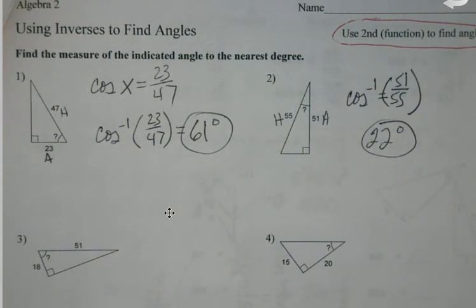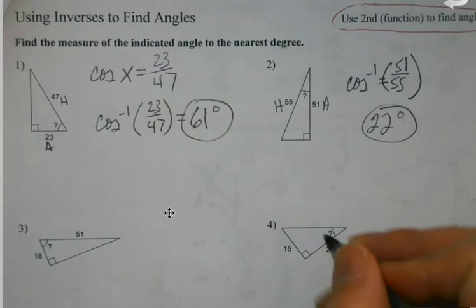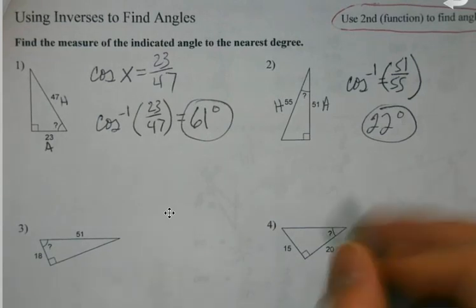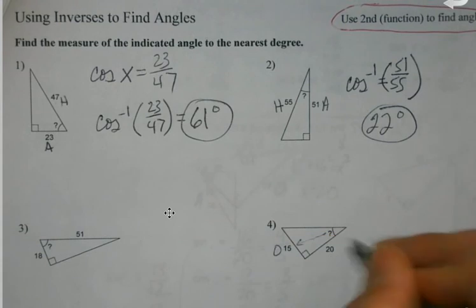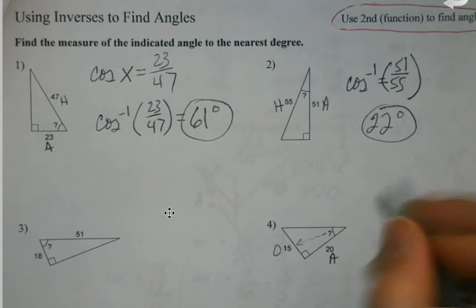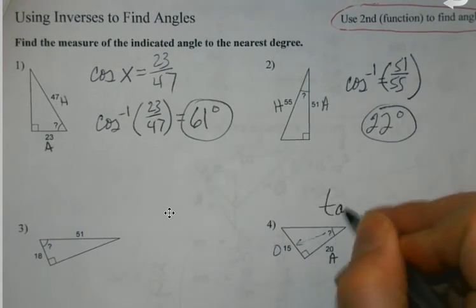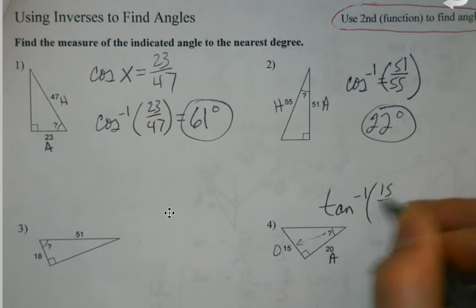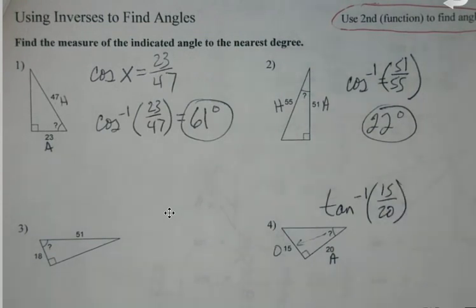So let's say we jump down to 4. What sides do we have? I've got opposite, I've got adjacent, so we're looking at tangent: opposite over adjacent.